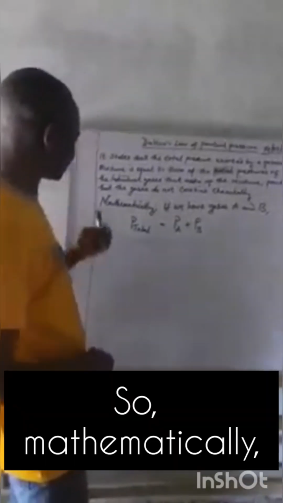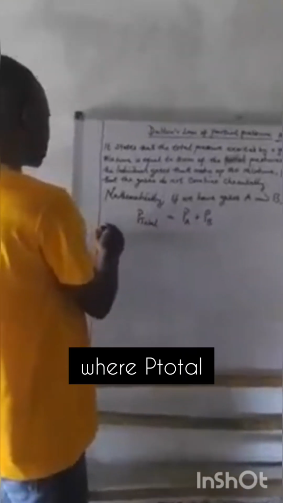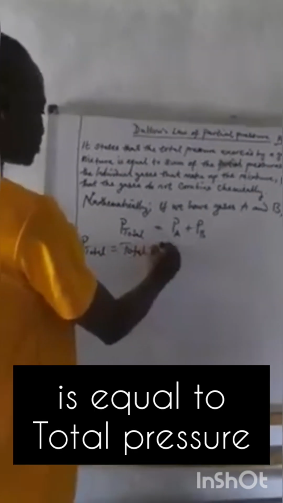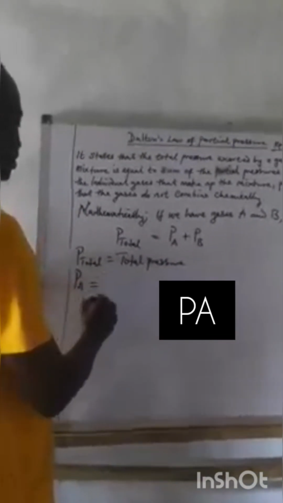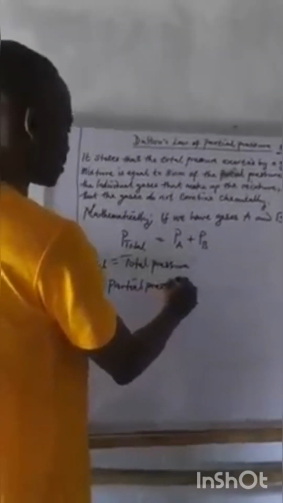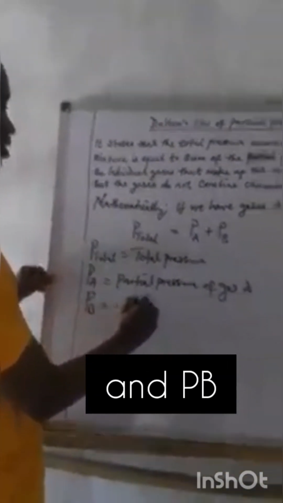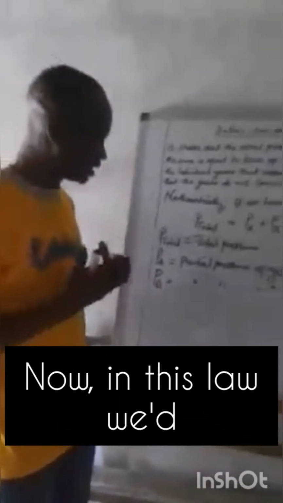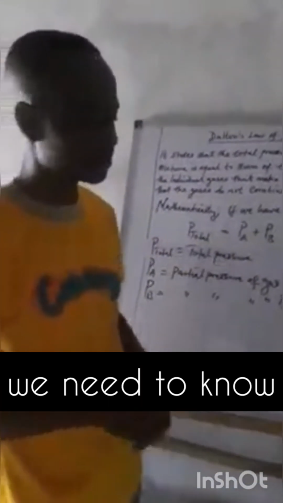So mathematically, PTotal is equal to PA plus PB, where PTotal is the total pressure exerted by the mixture, PA means partial pressure of gas A, and PB is partial pressure of gas B. Now, in this law, we need to know the meaning of partial pressure.